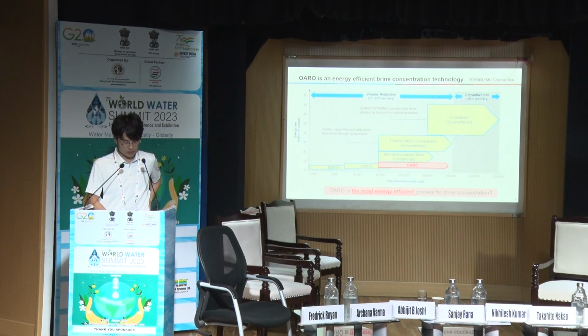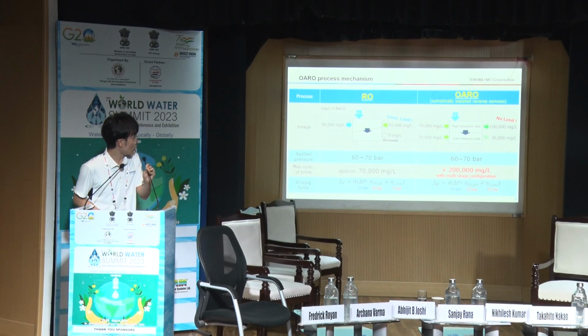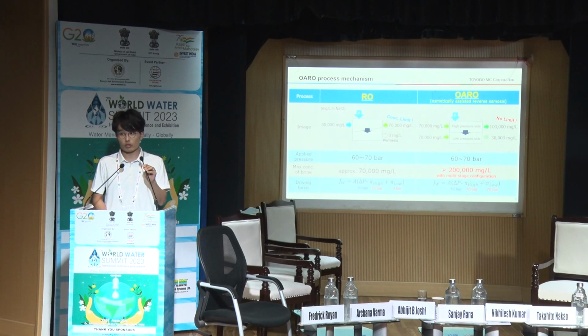This is the basic concept of osmotically assisted reverse osmosis compared to reverse osmosis. Our OARO process usually takes brine from reverse osmosis, but the concept is fundamentally different. Unlike the RO process, which takes a single solution across the membrane to generate the brine flow and permeate, we apply two solutions of the same or similar salinity concentration across the membrane to generate the concentrated flow and dilute flow as well.